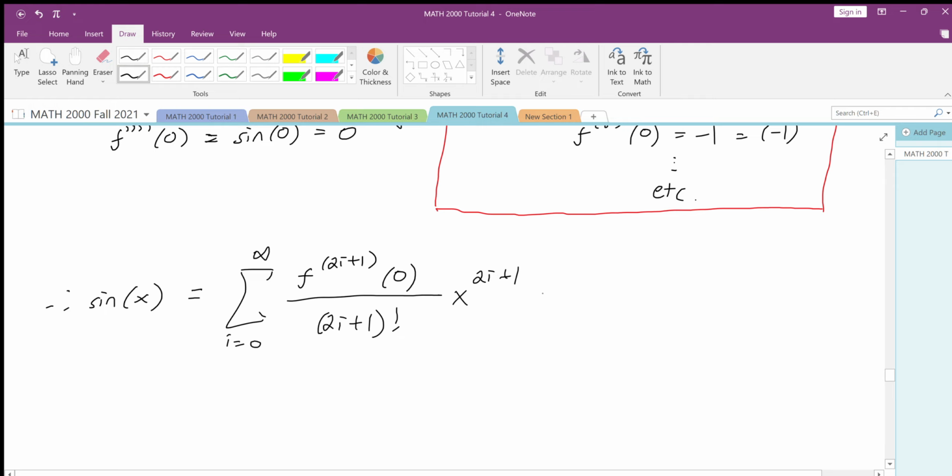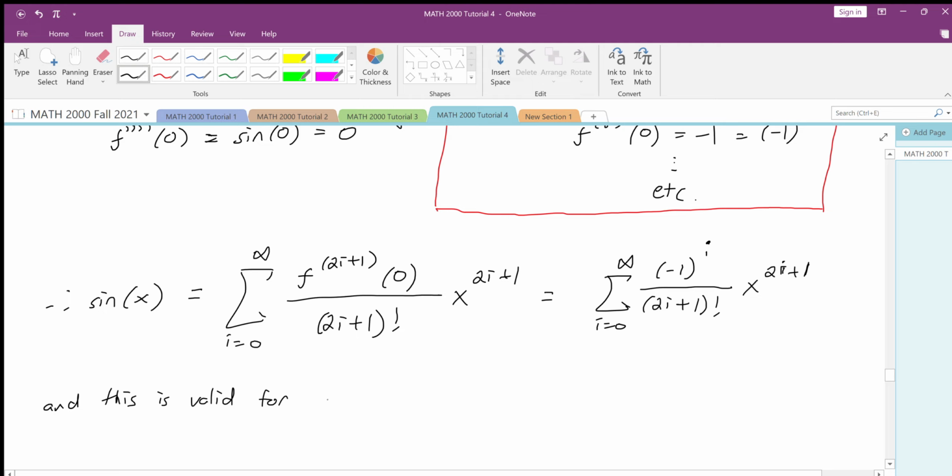We continue to simplify. And we're done. And this is valid for all x inside the real line. And that's it.